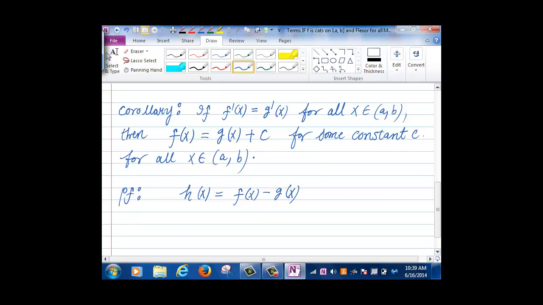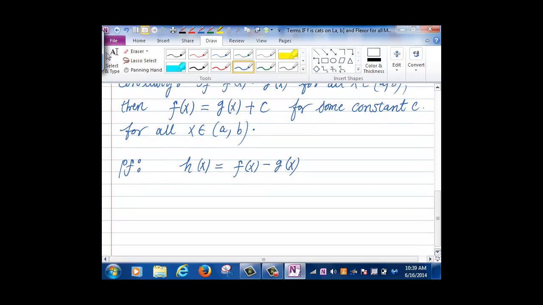If I look at this difference function, then h prime of x would be the same as f prime of x minus g prime of x, which by assumption is what? Our assumption here is that the derivatives are the same, right? So by assumption, this difference should be 0. And this is for all x between a and b.